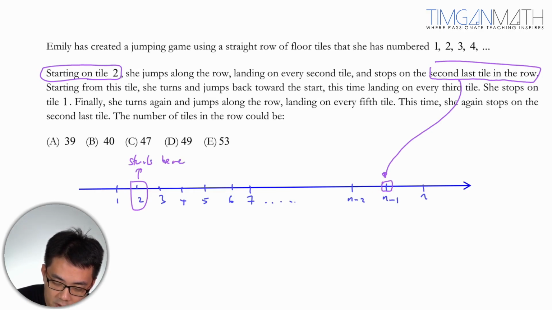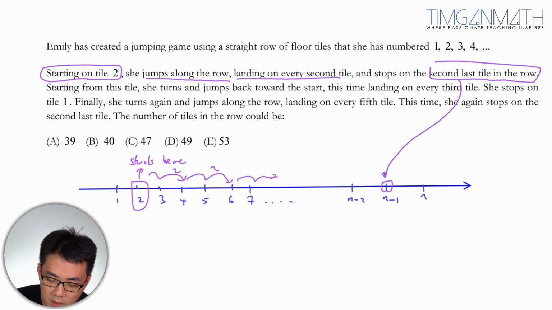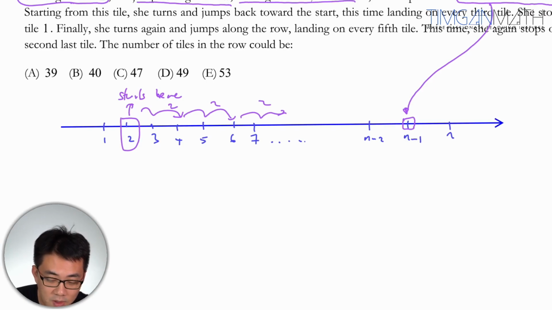Now take note of this. She jumps along a row, landing on every second tile. So she just goes 1, 2, then 1, 2, and so on. So what I could possibly form here would be, essentially, let's say she skipped k steps.